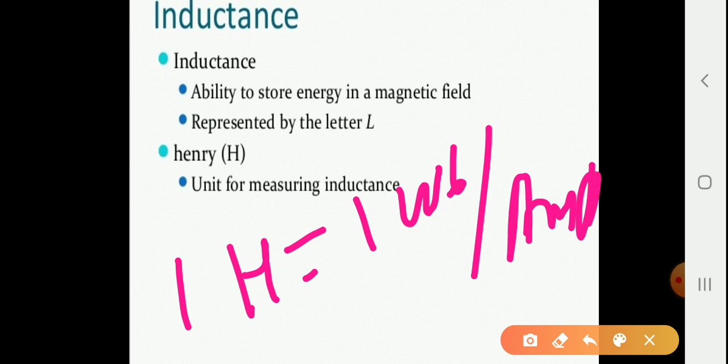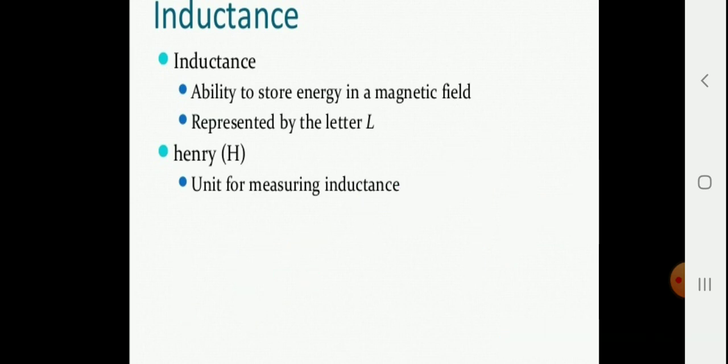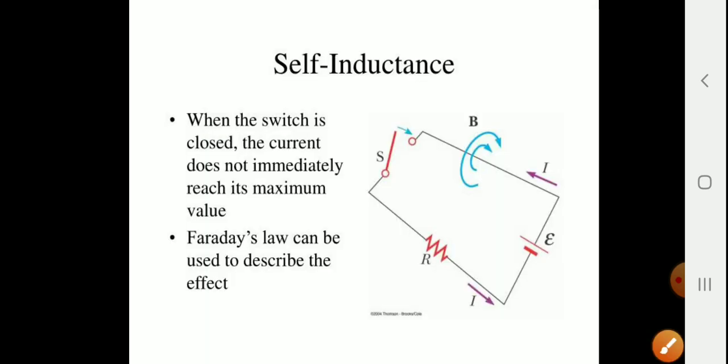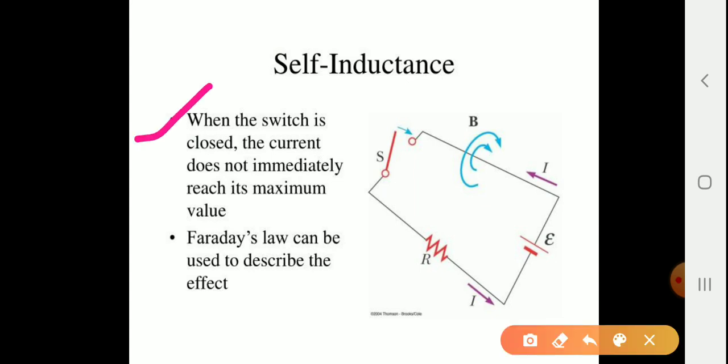Now we will derive the equation of magnetic inductance for the following cases. This is the self inductance. First of all, when the switch is closed, the current does not immediately reach its maximum value. Faraday's law states that when the flux linkage with the coil changes, a voltage is induced in it.